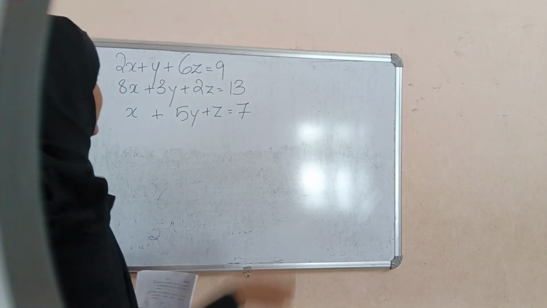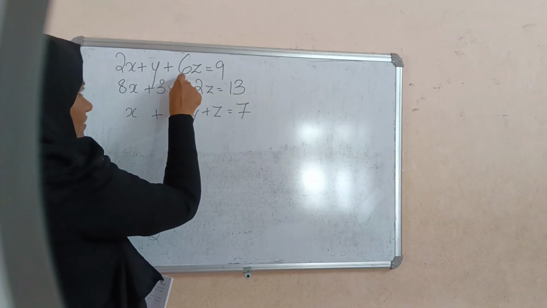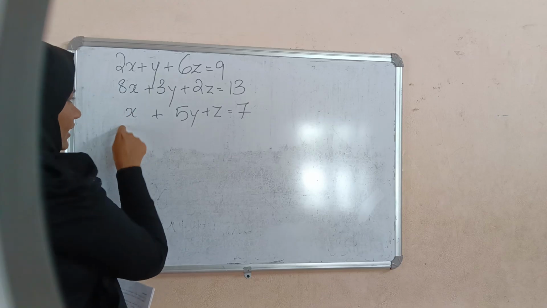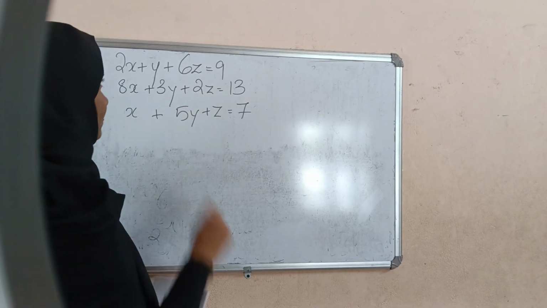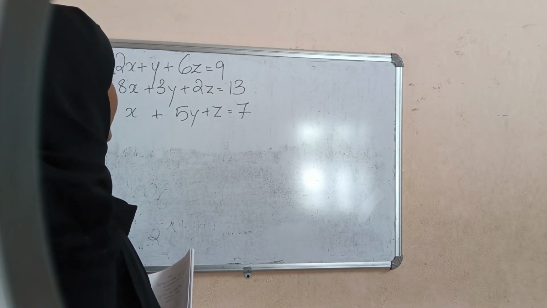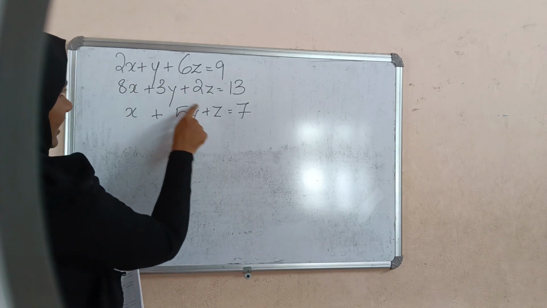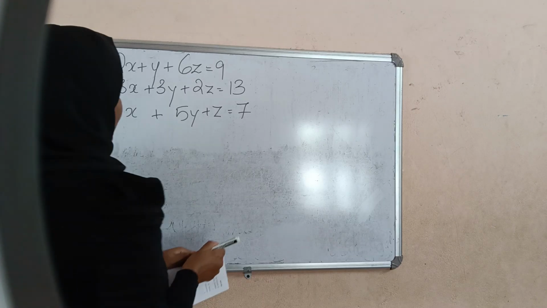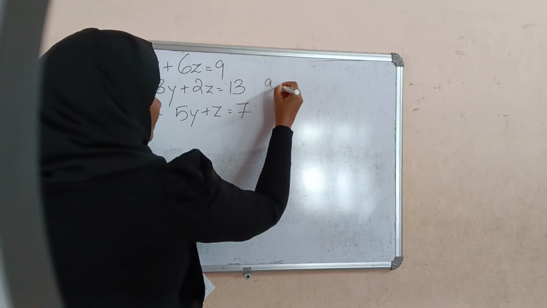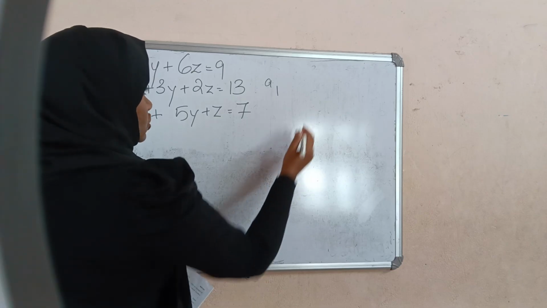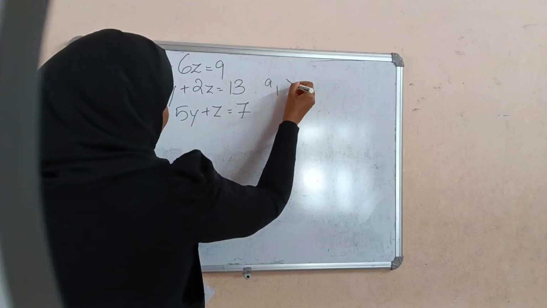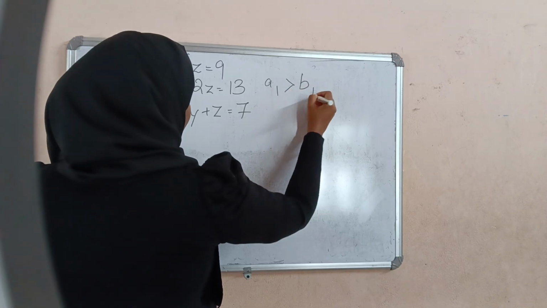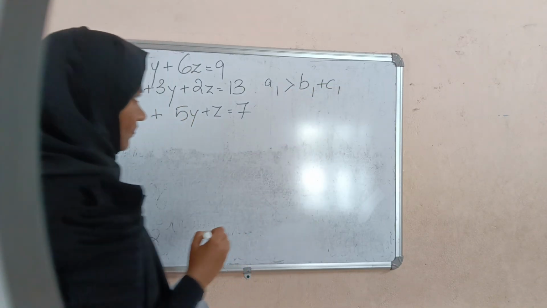Diagonally dominant means, see, this is A1, B1, C1. This is A2, B2, C2. A3, B3, C3. We know this is the diagonal. So A1 should be greater than B1 plus C1.